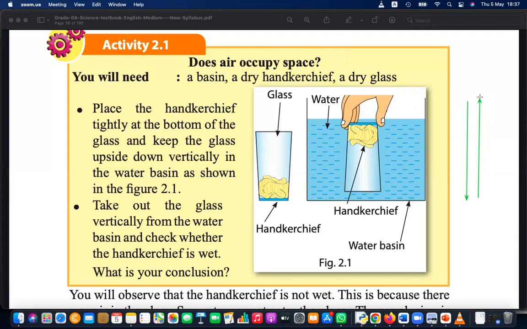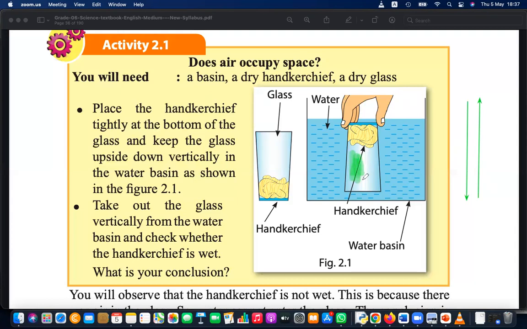So why is the handkerchief dry? Because water will not touch the handkerchief. Why? Because there is an air layer here actually. Let me color this area.